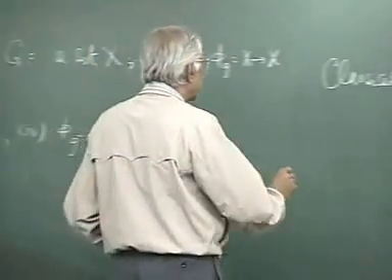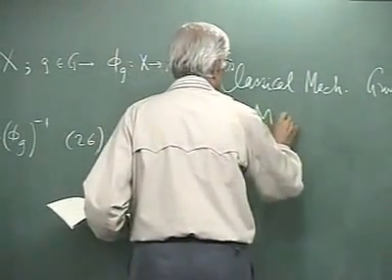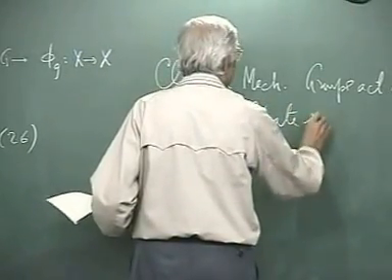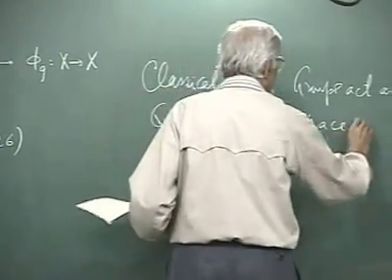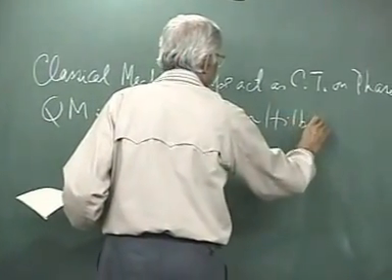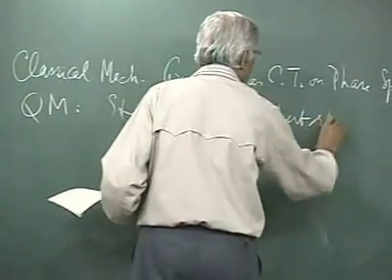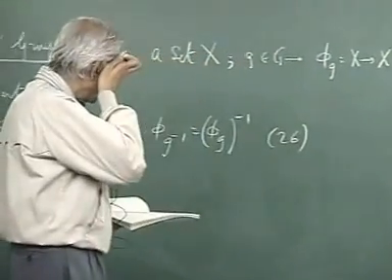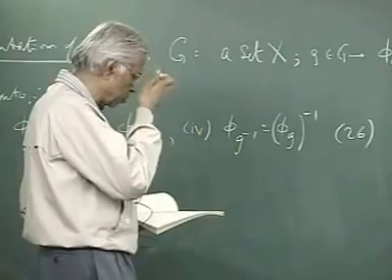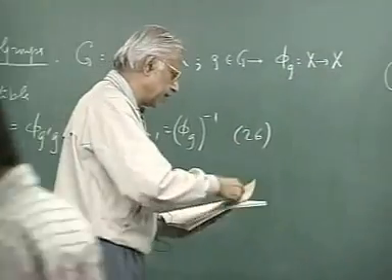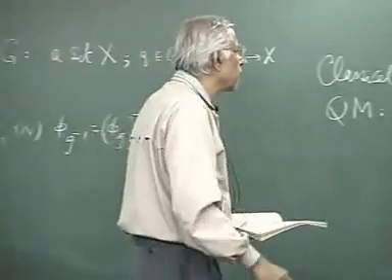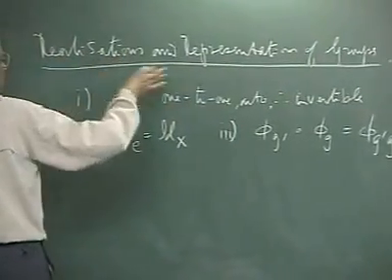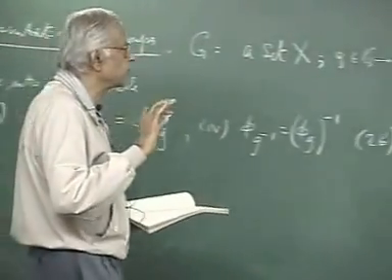In quantum mechanics, on the other hand, instead of phase space, we have the space of pure states of a quantum system, which is, as you know, always a Hilbert space over complex numbers, and you have the superposition principle operating. Because the superposition principle has to be respected and preserved, instead of the general idea of a realization of a group on a set, we have something more specific.